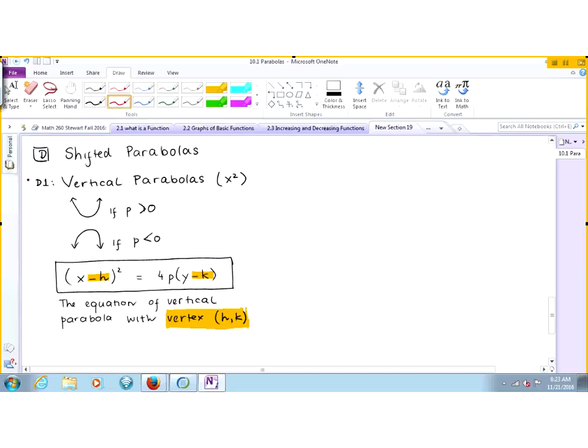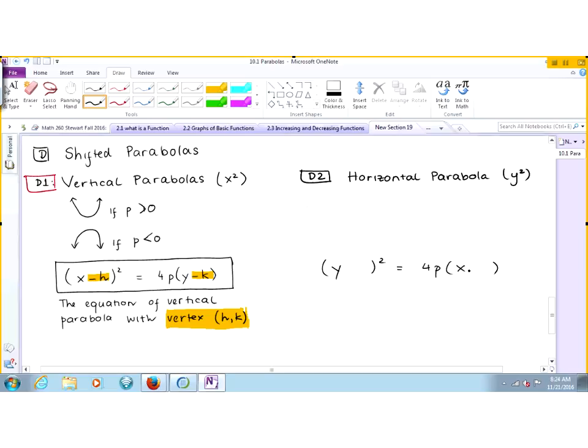All right. Now, can you guess about the horizontal parabola? Is it x squared or y squared? It's y squared, but shifted, right?